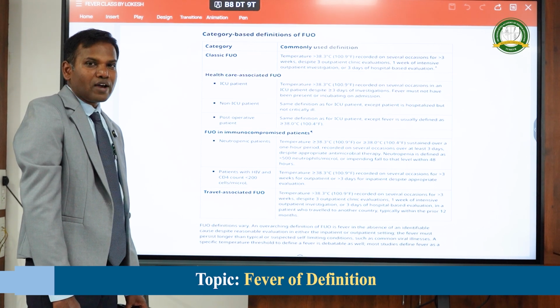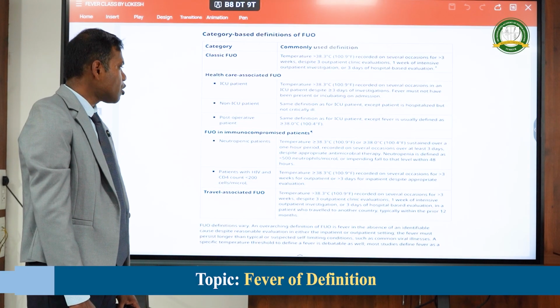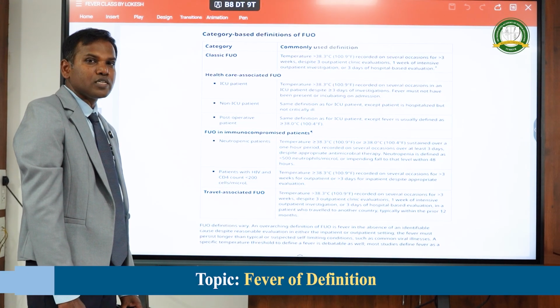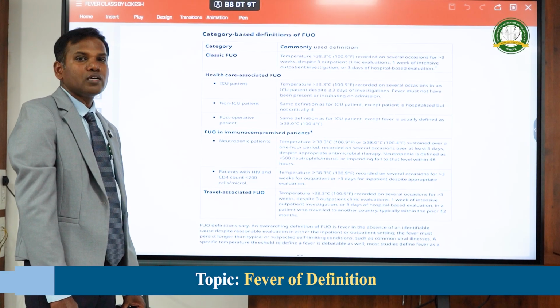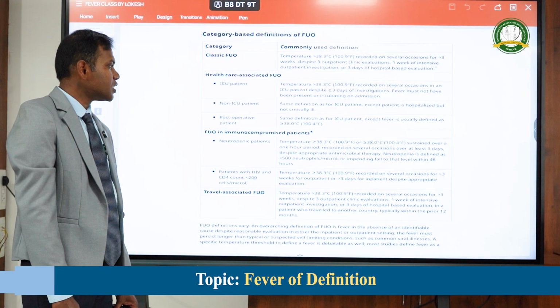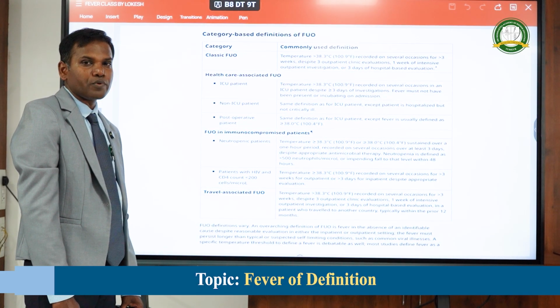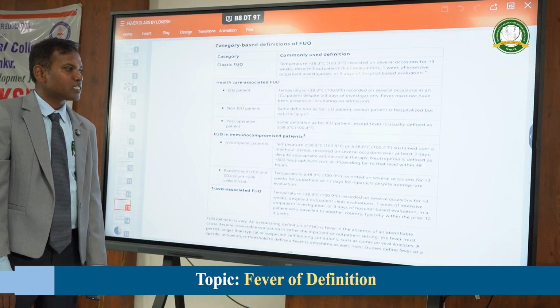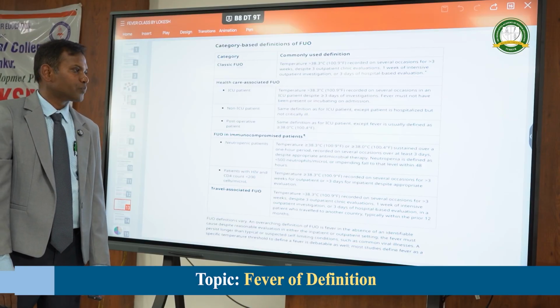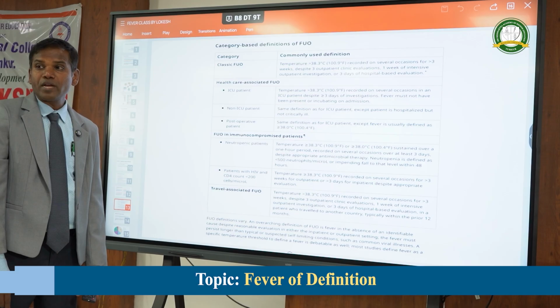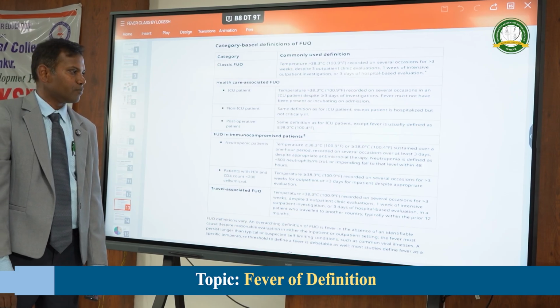Pyrexia of unknown origin in immunocompromised patients. Neutropenic patients: temperature of 38.3 degrees centigrade or more, or more than 38 degrees sustained over a 1 hour period, recorded on several occasions over at least 3 days despite appropriate antimicrobial therapy.